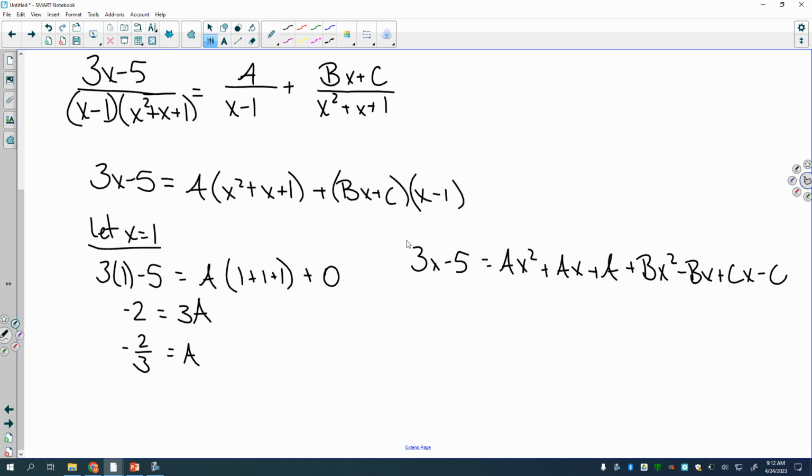I'm going to group the x squareds together, I'm also going to group just the x terms together, and then any constants together.